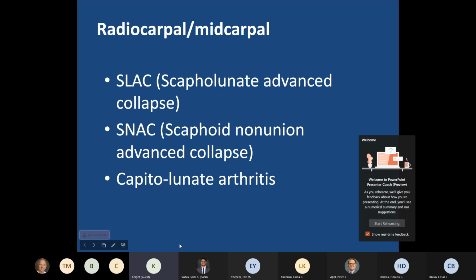And of course, SNAC wrist is similar, except this is certainly a scaphoid nonunion. And of course, capitolunate arthritis is always discussed as far as one of the test questions, and we'll talk about that in just a second. The next slide.